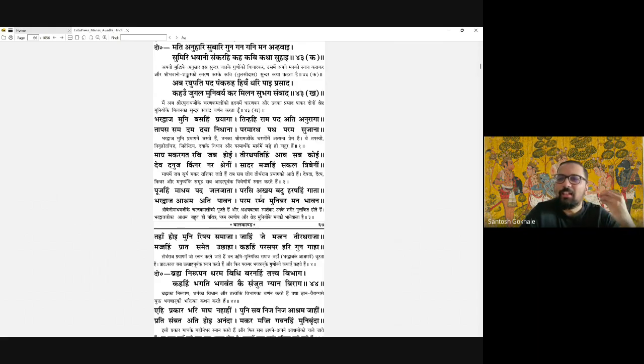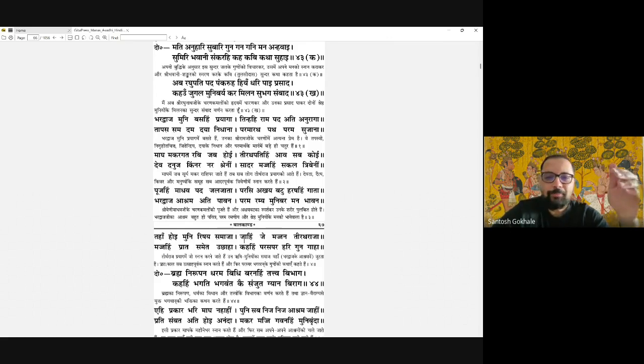It is the sheer depth of simplicity of the ashram that makes it mana bhavan, an enchantress of the mind, which is why all the sadhus get attracted towards it and settle in over there. So Bharadwaja ashrama ati pavana paramaramya munibara mana bhavana taha hoi muni rishaya samaja jahi je majjana tiratha raja.